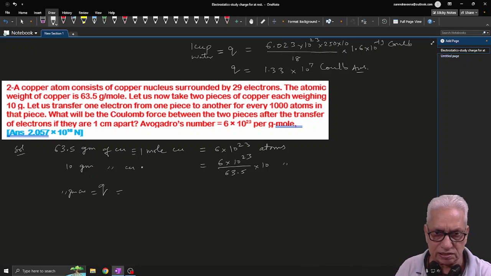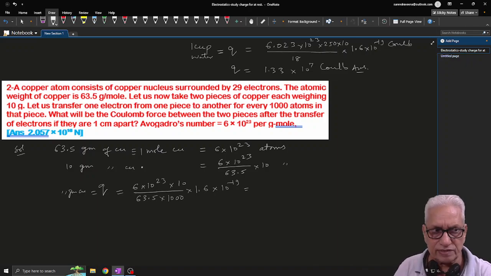The charge is given per atom. So how many electrons are transferred? Per 1000, only one electron is transferred. So these are the number of electrons. If you multiply it with the charge on an electron, then it is the charge Q on one piece.